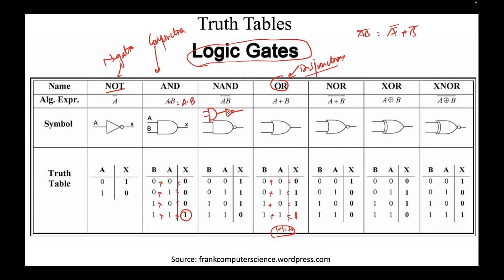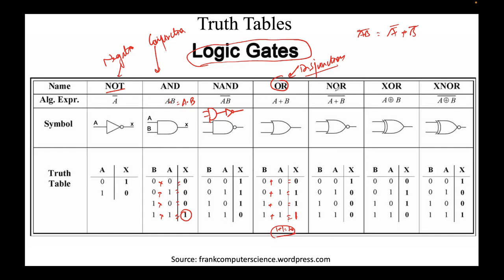This is called a NAND gate, and the symbol is this. The truth table is this: we know the output of AND, and then we negate it. Negate 0 is 1, negate 0 is 1, negate 0 is 1, negate 1 is 0. So the truth table for the NAND gate is this.